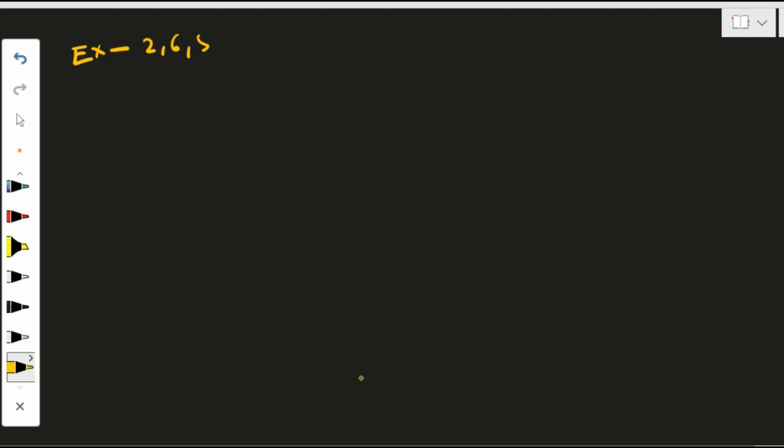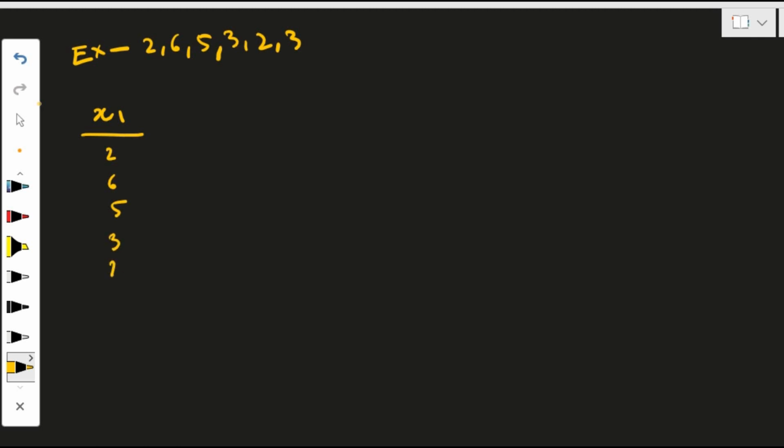2, 6, 5, 3, 2, 3. Okay, so now the data points are 2, 6, 5, 3, 2, 3. And the second step is we have to find the difference between the data points and the mean.